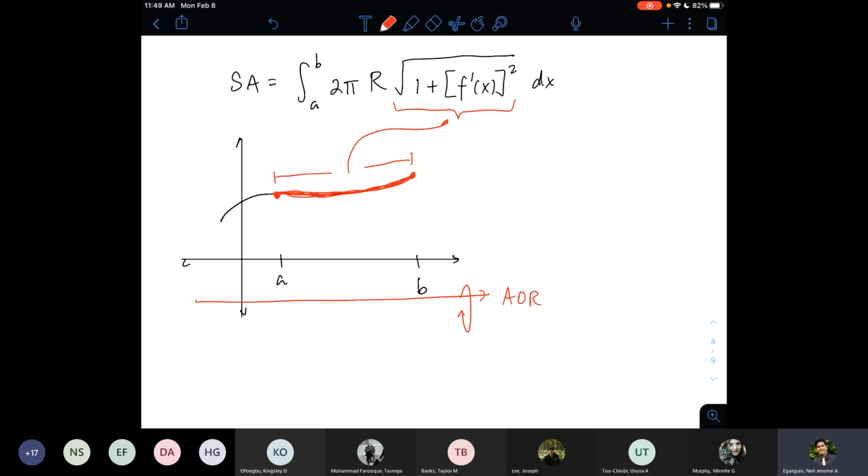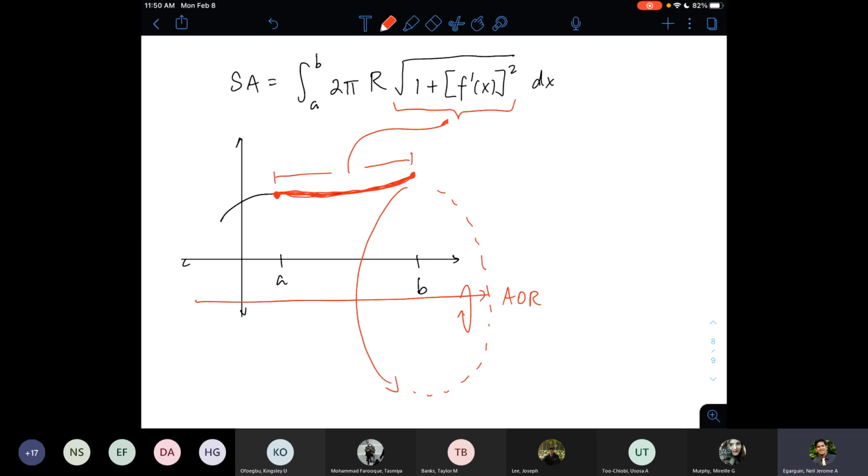But what remains is to see what will happen. This will revolve around the axis of revolution. I hope you can imagine what happens. Essentially, this arc is being rotated or revolved around the axis of revolution, because this will go that way circularly over there.